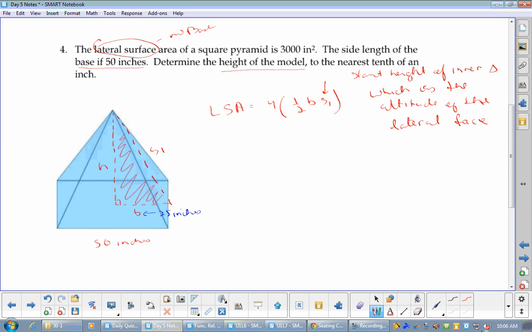What are we going to do next? Okay, well, let's talk about this triangle here. Do I know the area of just that one triangle? How?